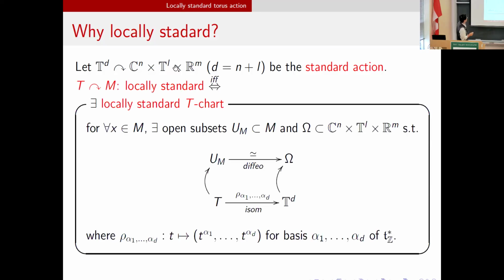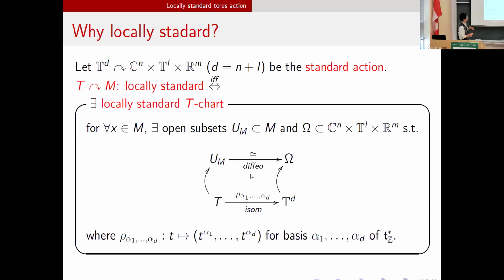The previous definition of locally standard is equivalent to the following definition, which says that for any point there exists a locally standard chart. More precisely, for every X in M, there exists an invariant open subset U of M and an invariant open subset omega of the standard chart. Omega has the standard torus action, and U and omega are weakly equivariantly diffeomorphic.